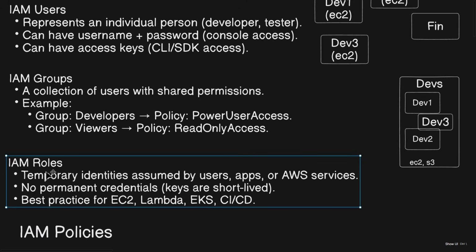But IAM roles have permissions, but do not have permanent credentials, because if you want to give this permission to a service, of course a service won't be able to log in using credentials, right? So that is where roles come into play, and you create a role to assign to any user, service or app so that it can be assumed when it's being executed. I hope this is making sense.